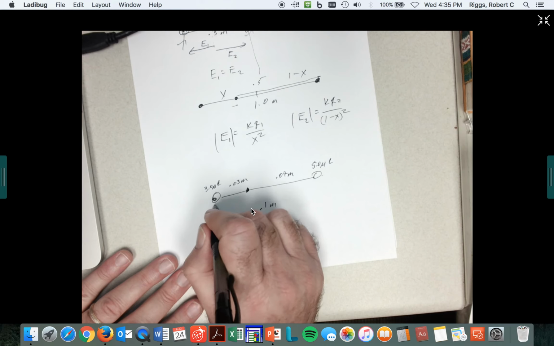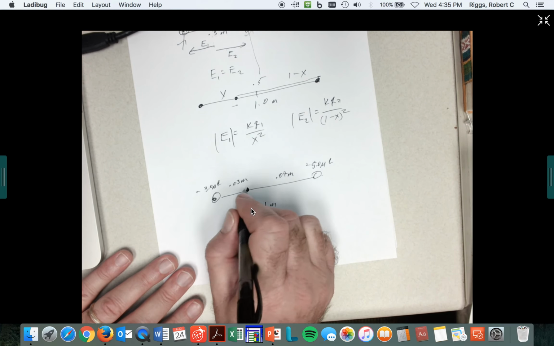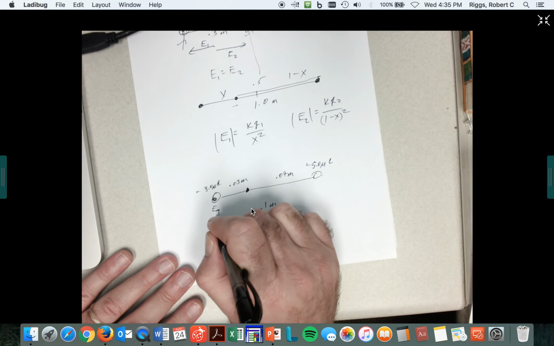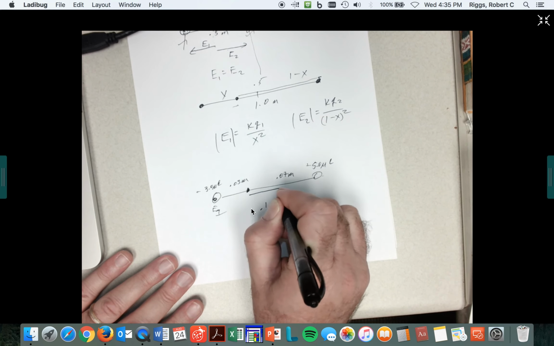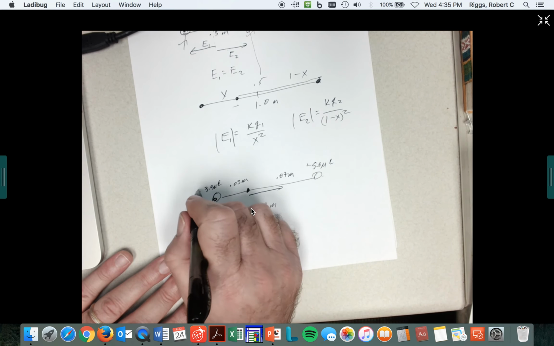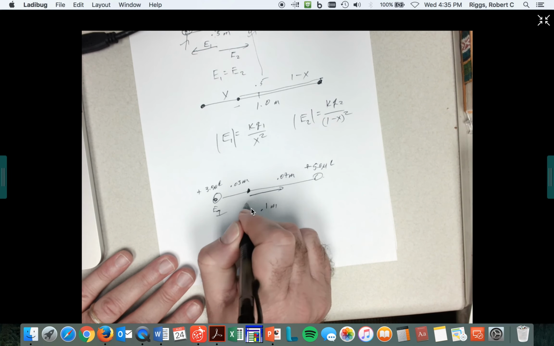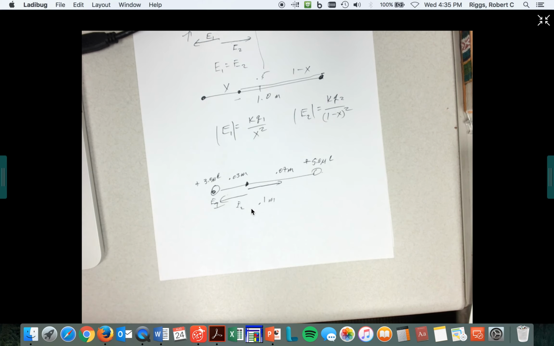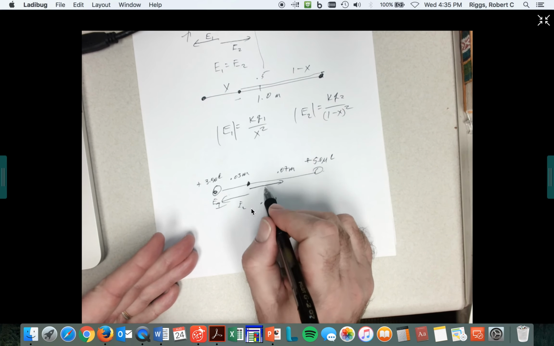If they're both positive, E1 would be going this way, and E2 would be going this way. So you'd calculate what E1 is, and E1 would be positive.